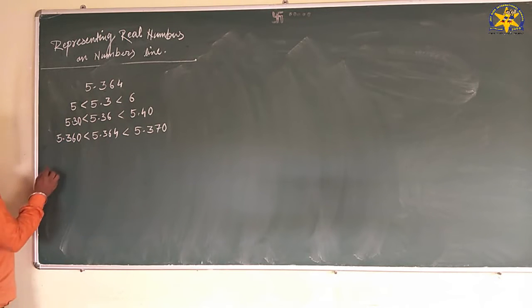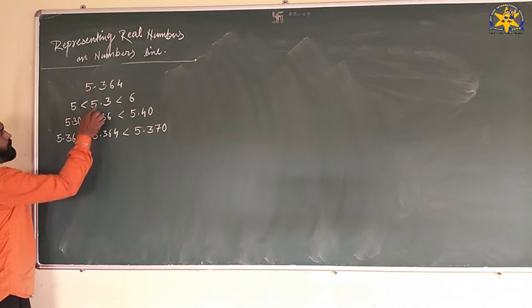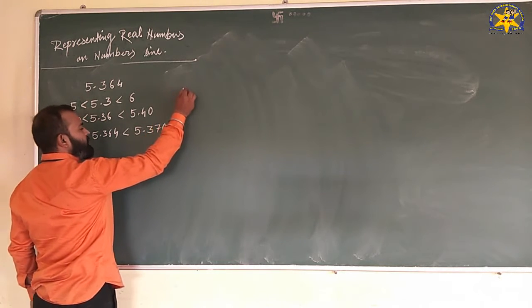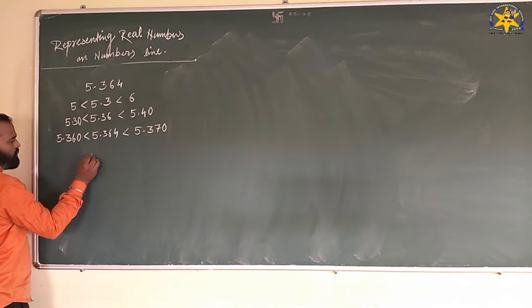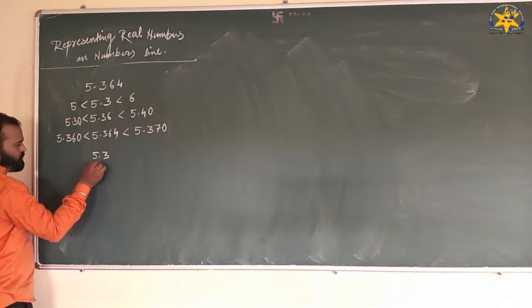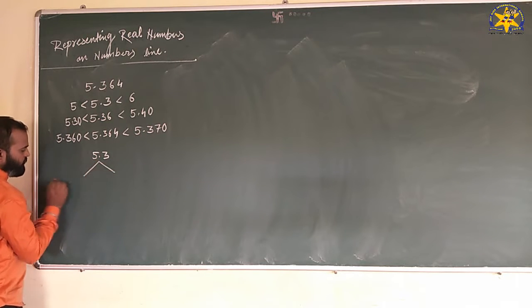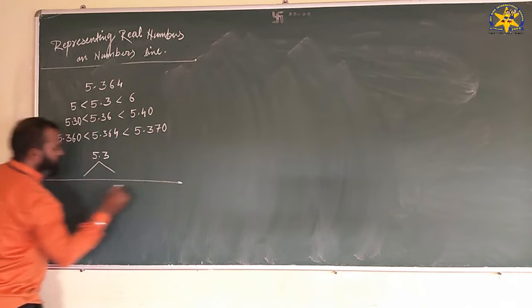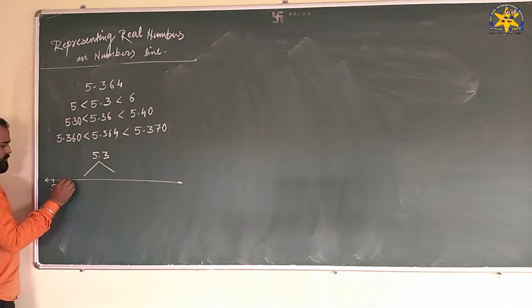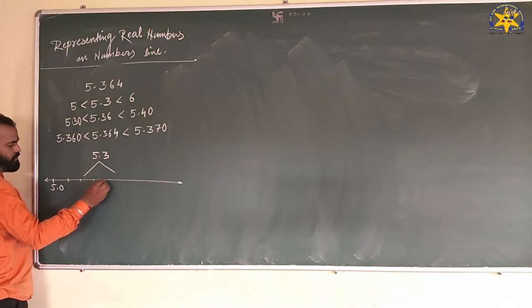Now we represent it on the number line. First we will represent 5.3. I am representing 5.3 here. For that we have to zoom. In which way? Here will come 5.0 and 10 equal divisions.